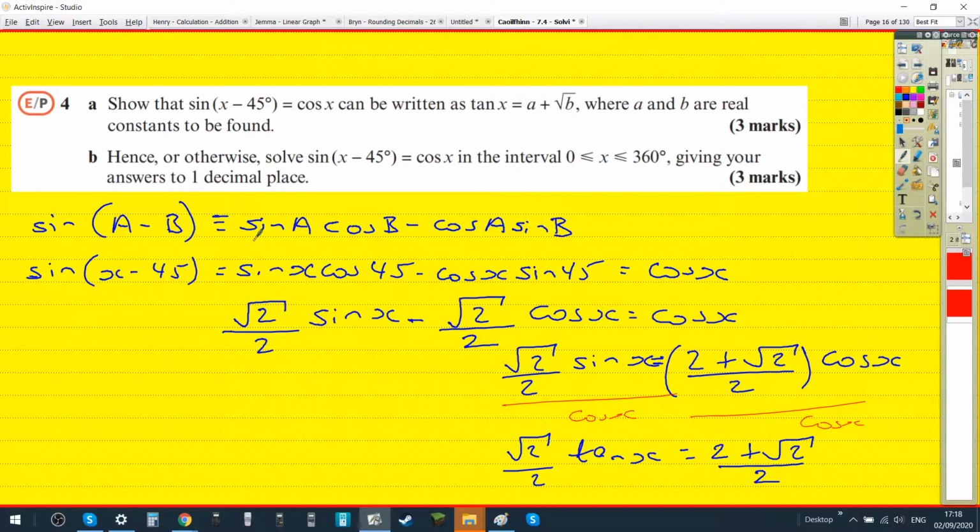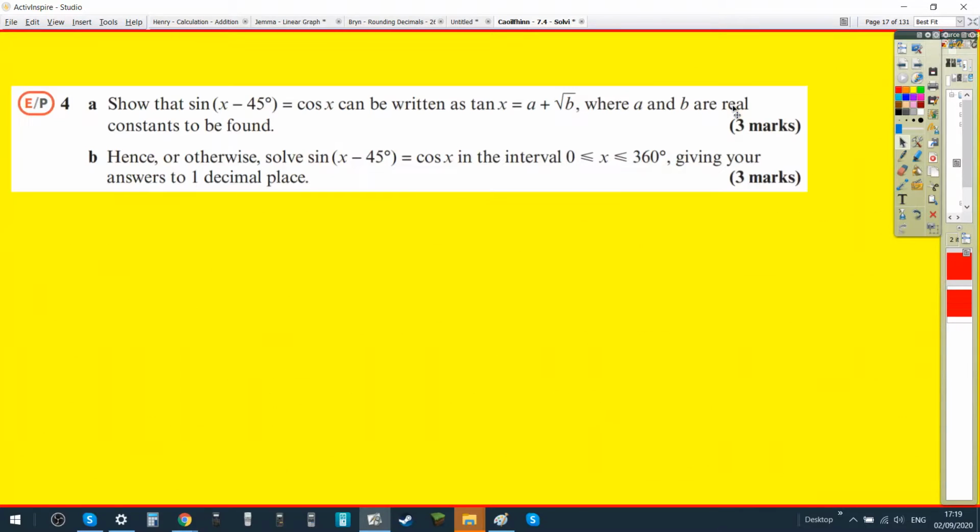Gives us 1 plus root 2. So tan x equals 1 plus root 2. So a equals 1 and b equals 2. Well done. A equals 1, B equals 2. So tan x equals 1 plus root 2.